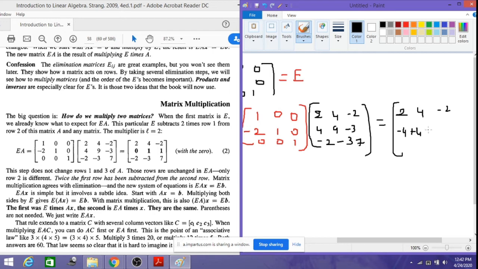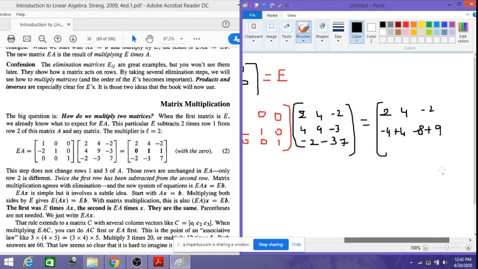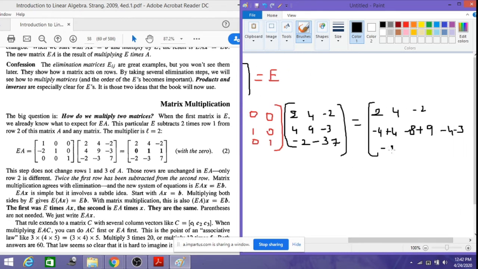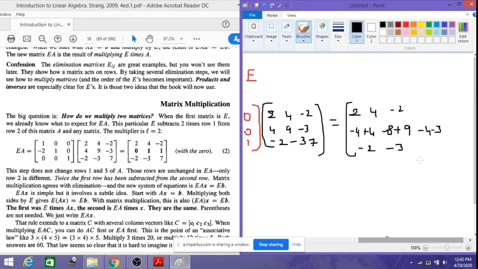This second row entirely is going to change, because we have multiplied by 2 the first row of this coefficient matrix. Now it is 4 to 8, and minus 8 plus 9. Then minus 4 minus 3, whereas the third row will remain the same: minus 2, minus 3, and then 7.